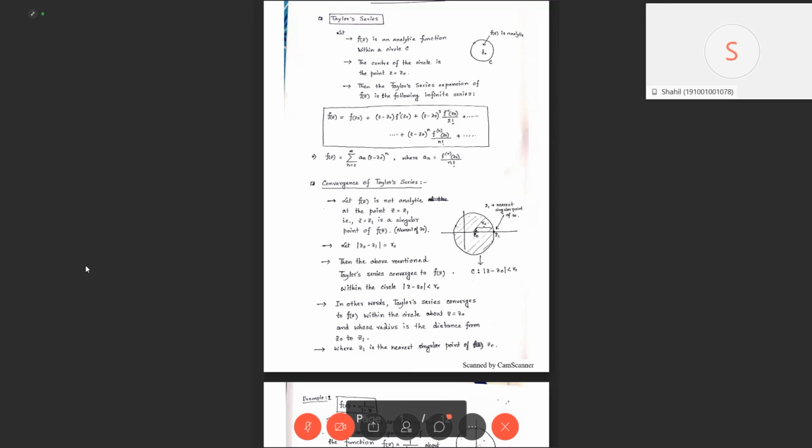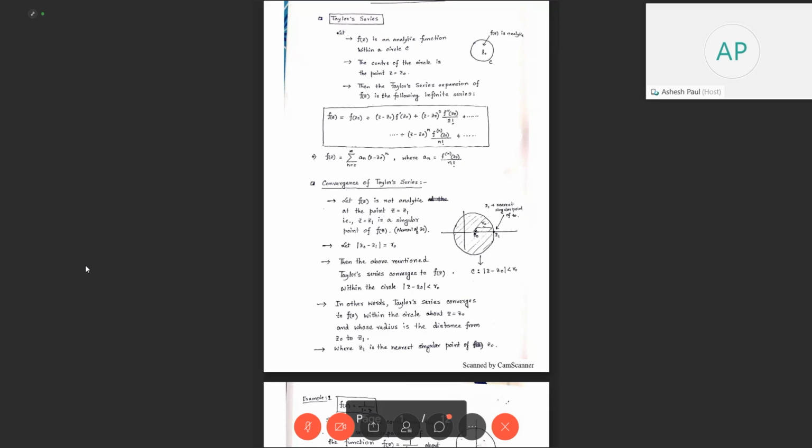Before the box, I have already said that if f(z) is analytic within the circle C, then it is convergent. If f(z) is not analytic in that circle, then it is not convergent. Now see here, the region of convergence is chosen so that the singular point is excluded from the region of convergence.